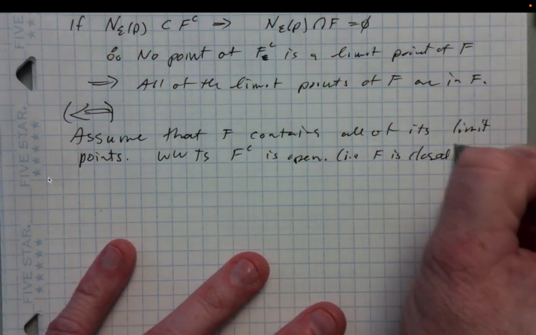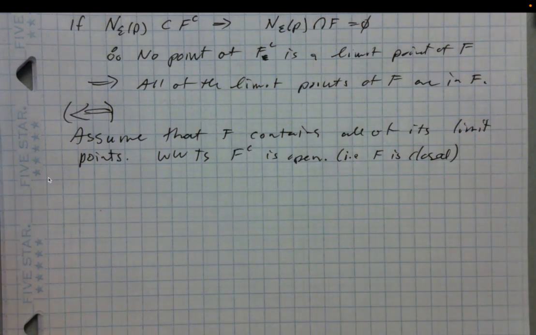It's good to make sure you don't worry about writing too much when you're writing these proofs. They're for you. You just want to make sure you understand them. But if we want to show that F is closed, we need to really show that F complement is open.